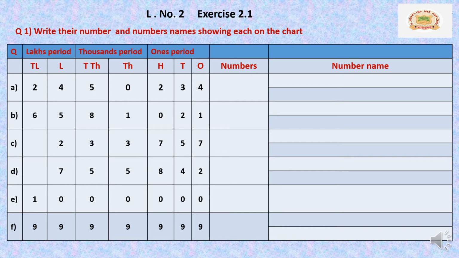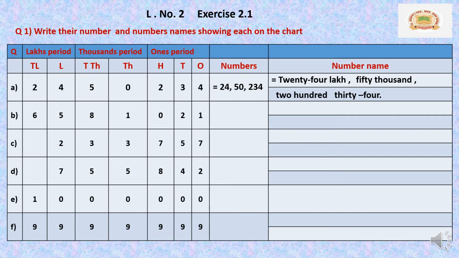This becomes 24,50,234. Let us write in the number name, that is in the words. 24,50,234. This is the method we have to solve the question number 1 of exercise 2.1. Let us do the B question.